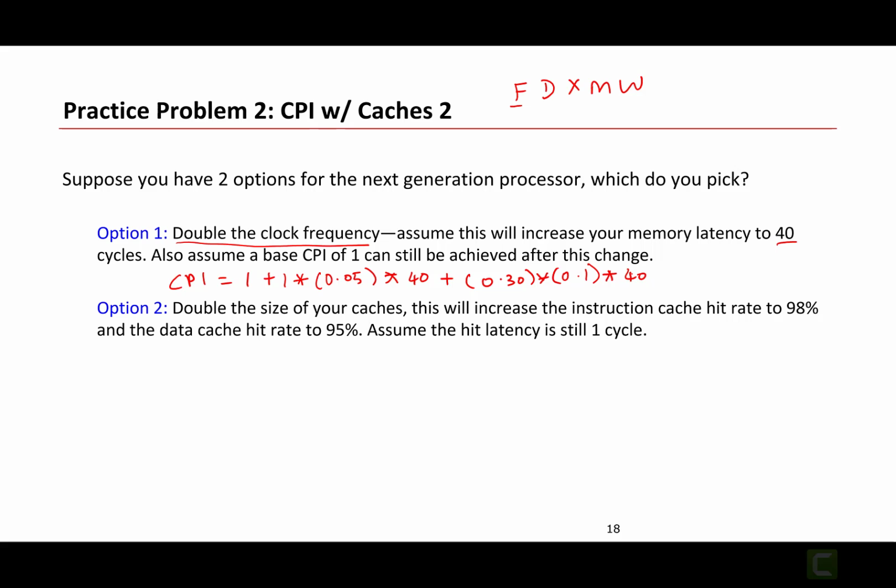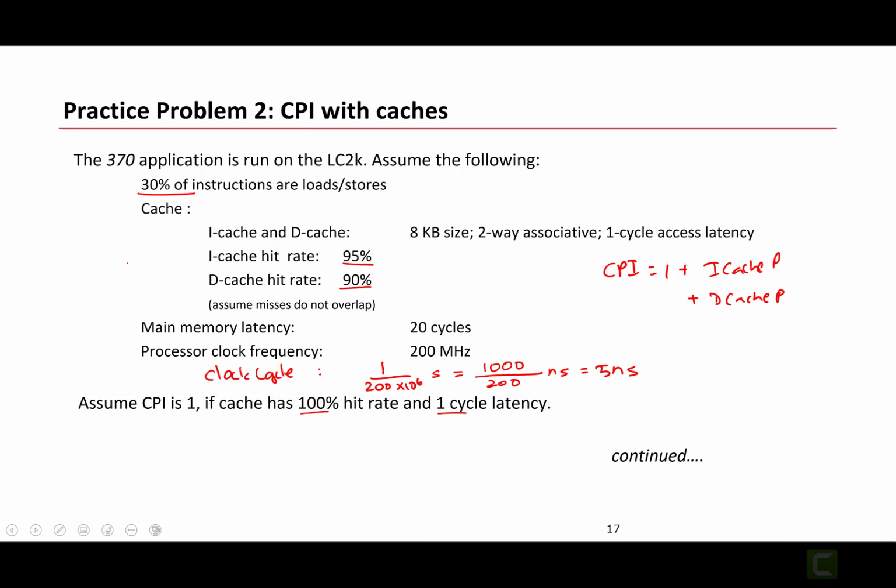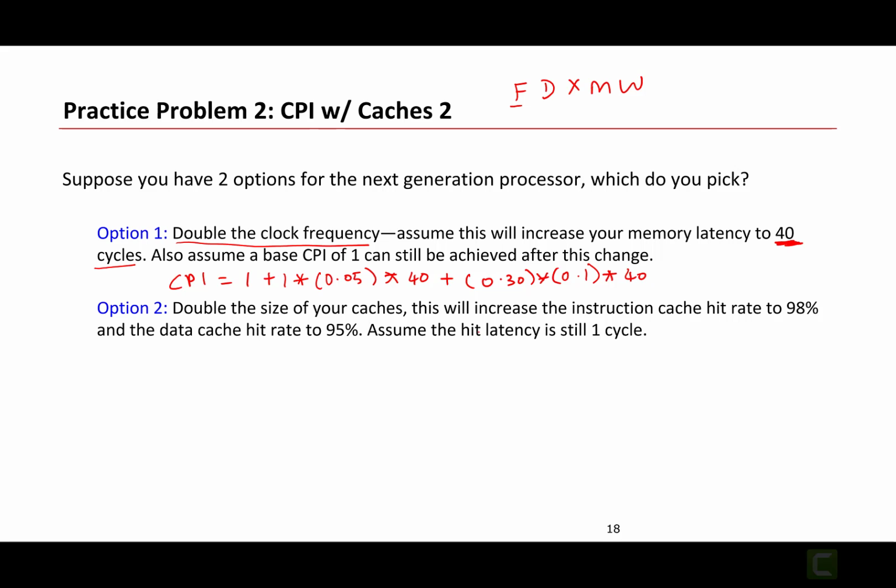Alright, you may have noticed an inconsistency here with respect to the main memory latency being 40 cycles. In the previous slide, we said in the baseline it is only 20 cycles. So why is it the case that when you double the clock frequency of the processor, the main memory latency increases to 40 cycles? The answer is the main memory latency doesn't really increase.